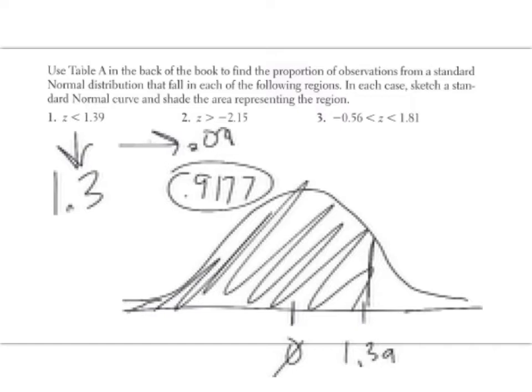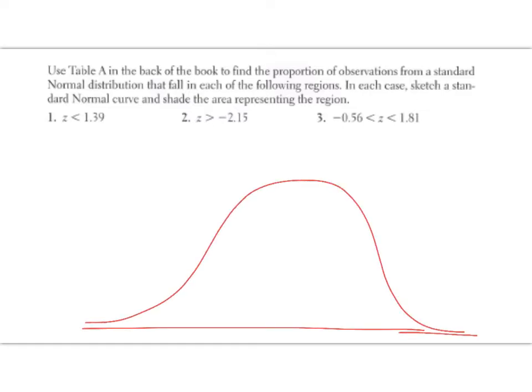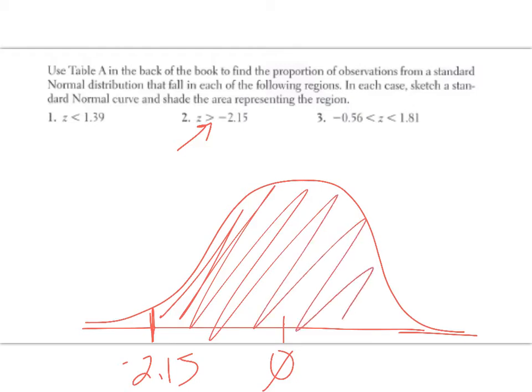Looking at the next one. The next one wants a z-score that is greater than negative 2.15. Again, it asks me to draw my curve. I've got 0, and negative 2.15 is my z-score, so it's negative, so I'm going to be over to the left. But this time it asks for greater than, so I actually want to go in this direction.